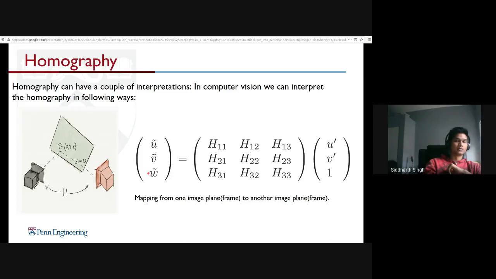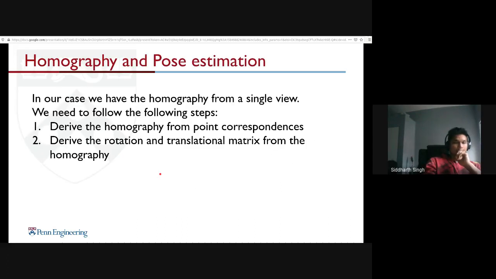We are moving from one plane to another plane, but we don't know the depth ambiguity. Okay, so that is the path that we are going to take. Find out the homography from the point correspondences, and then find the translation and rotation matrices from the homography.